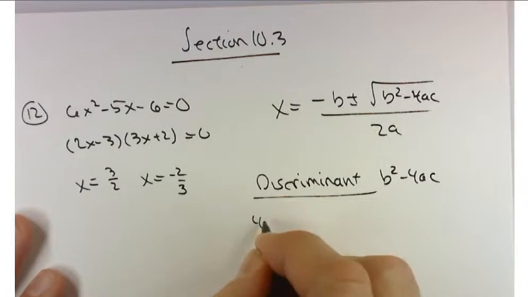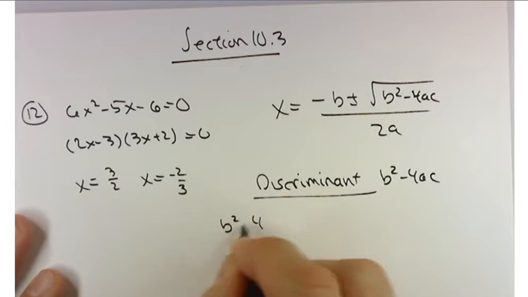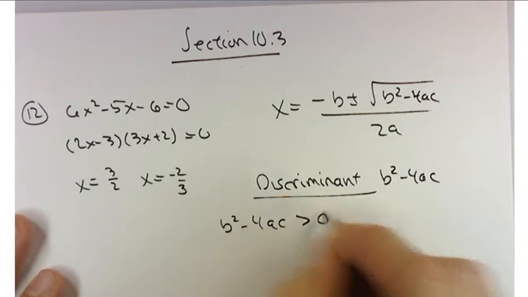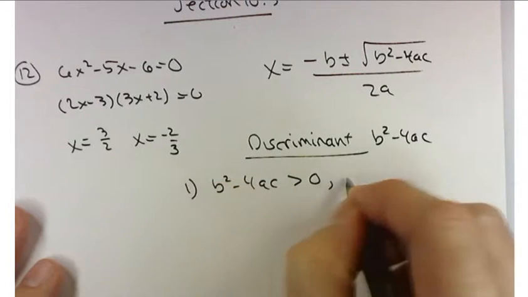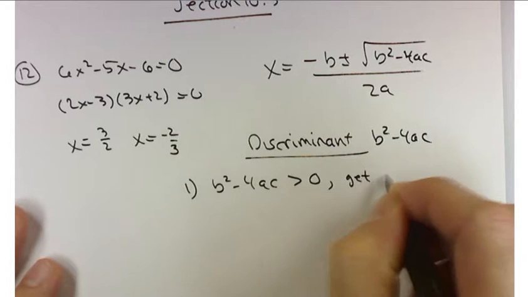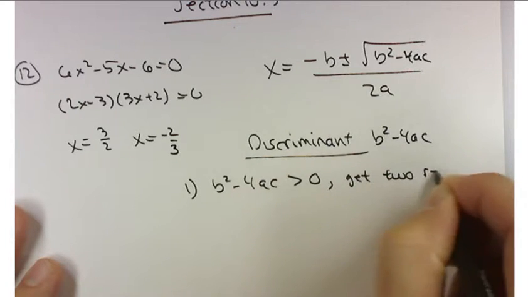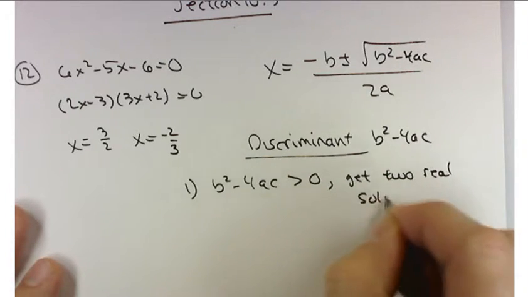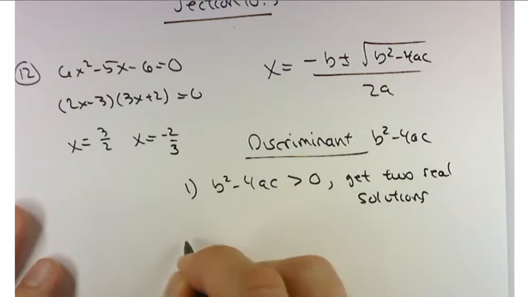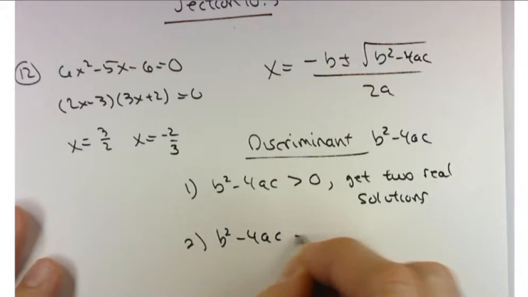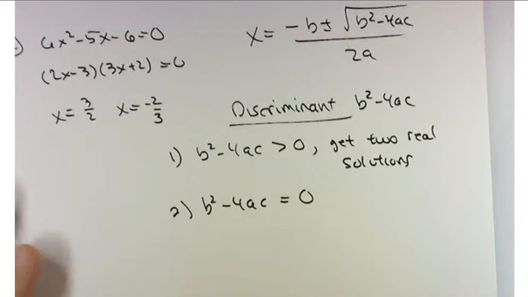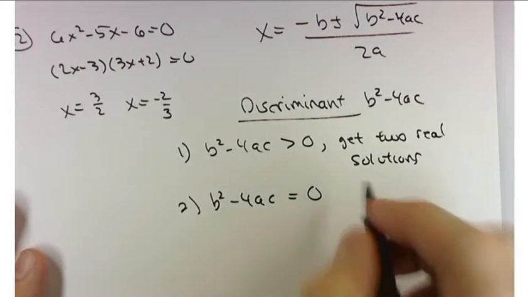If b squared minus 4ac is greater than 0, then you get two real solutions. If b squared minus 4ac is equal to 0, then you get one real solution.